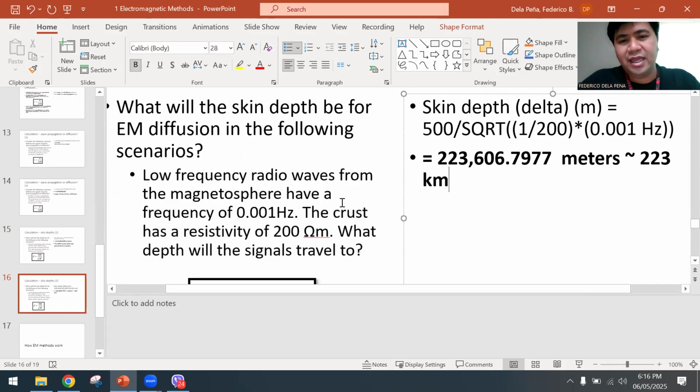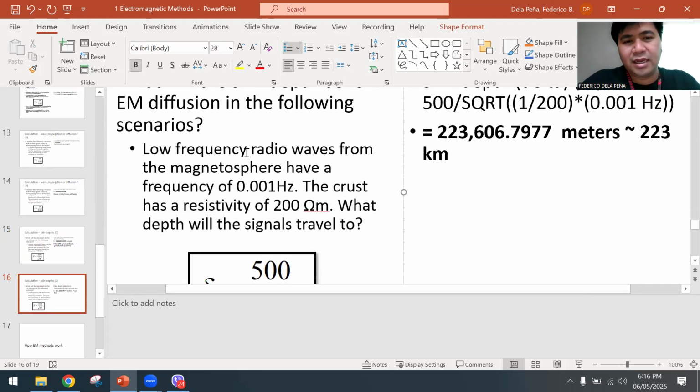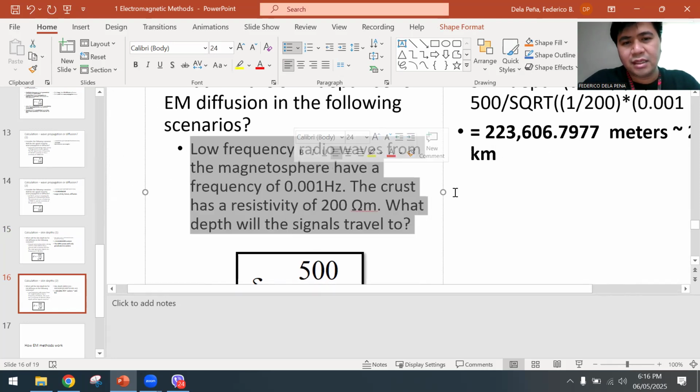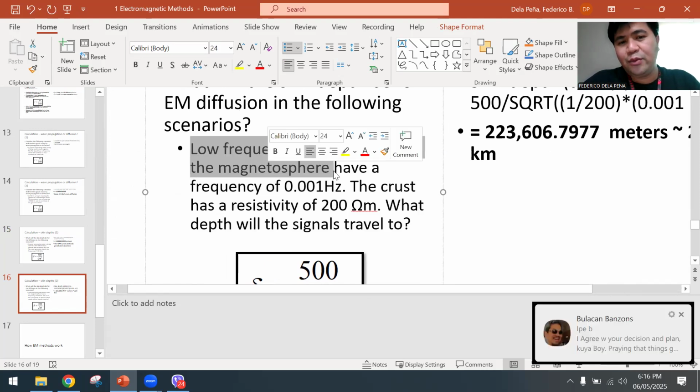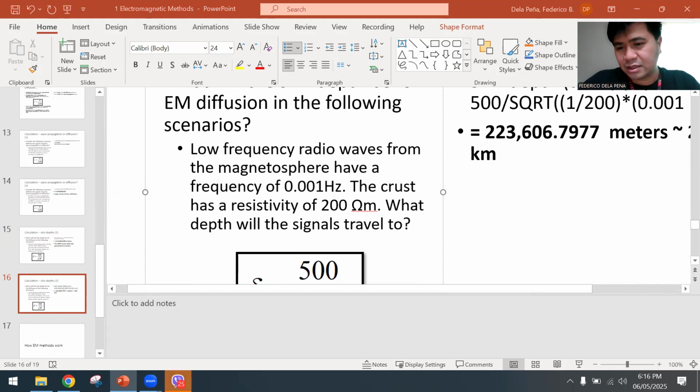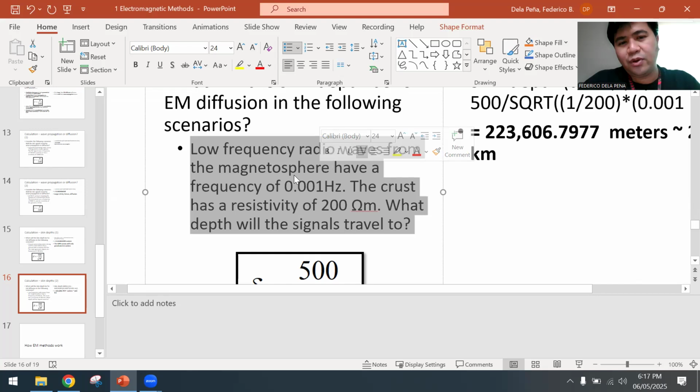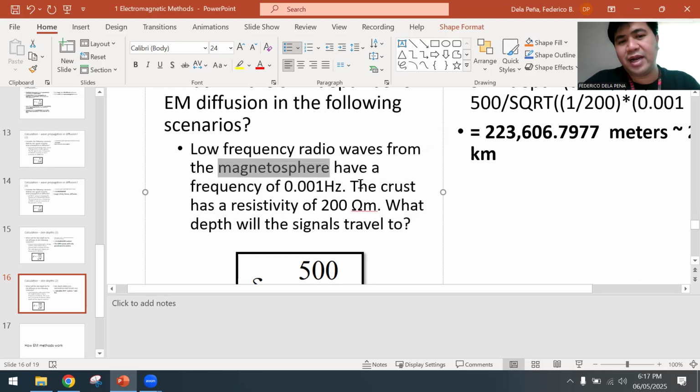Now let's have a counter example. Some electromagnetic methods also employ electromagnetic waves generated by lightning. I'll try to cover that maybe next week. In this example, you have low frequency radio waves from the magnetosphere with a frequency of 0.01 hertz.